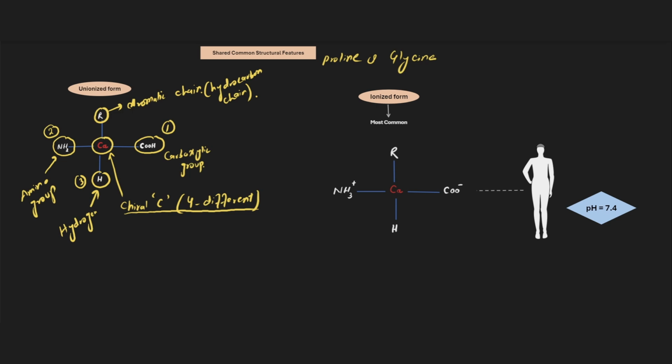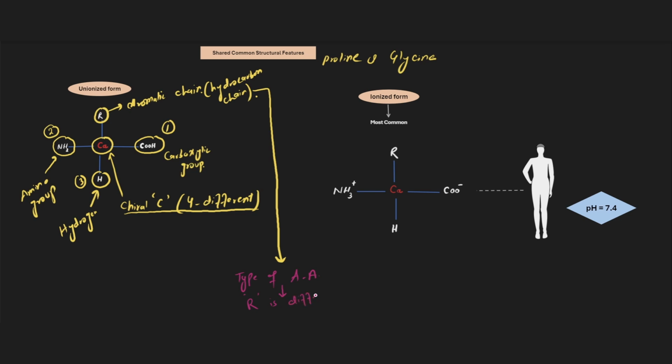Because it is actually the R chain that determines the type of the amino acid. So the R chain is responsible for determining the type of amino acid. And why does it determine the type? Because in each amino acid, this R chain is different.